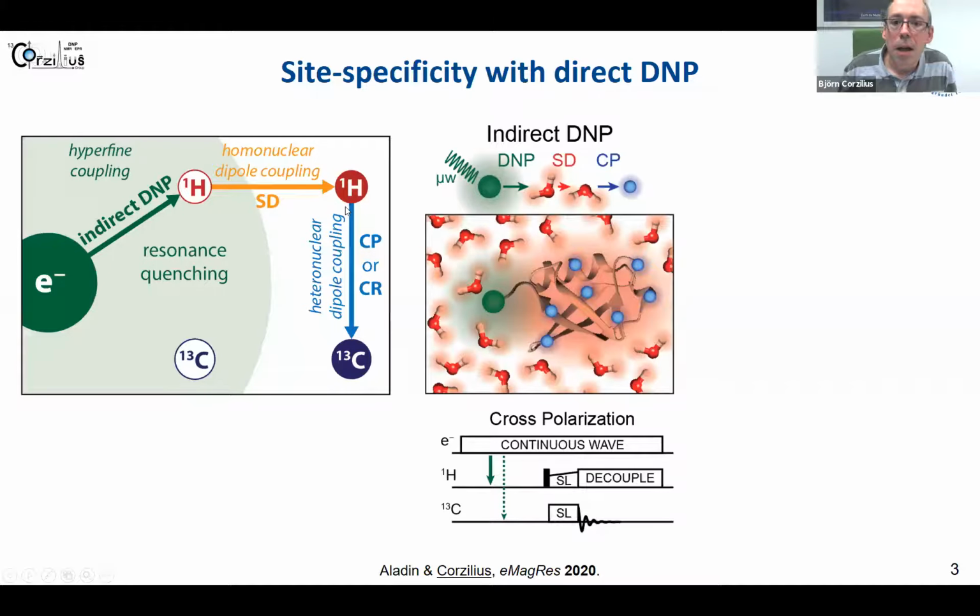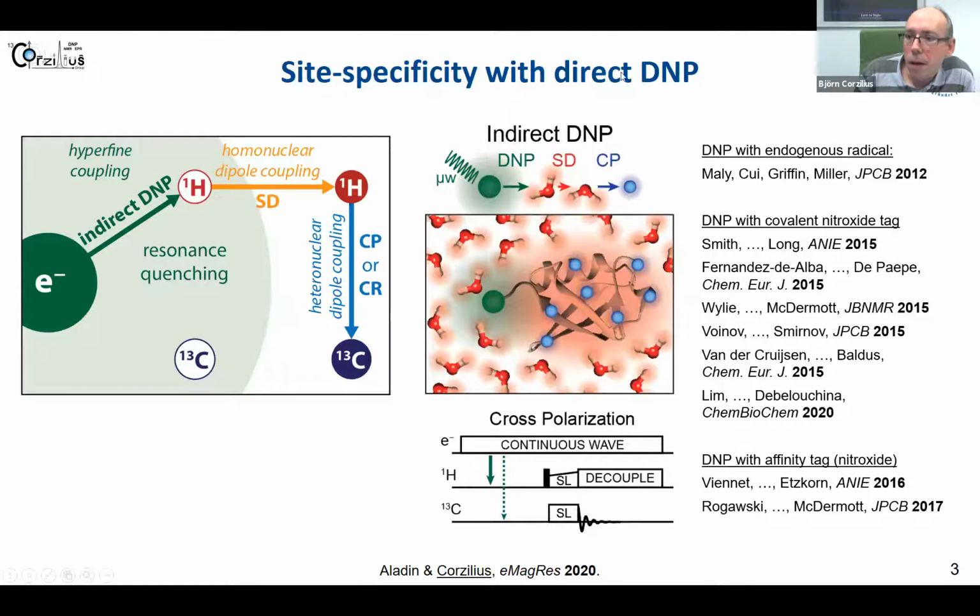Even if you attach a polarizing agent label to a protein, the polarization will diffuse all over this protein and might also diffuse onto the solvent or the matrix if there are protons there. Anyway, there are many important contributions in this field, some with an endogenous radical.